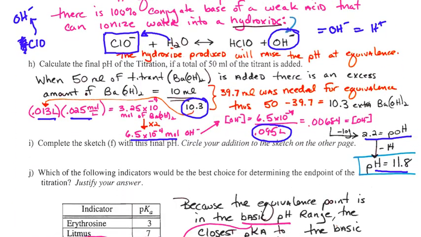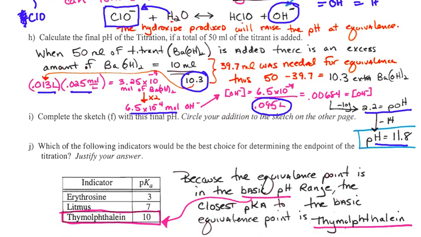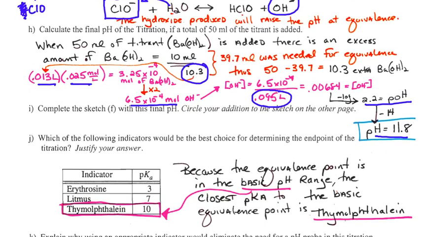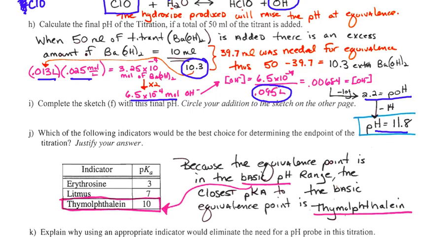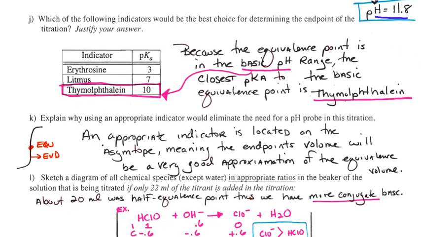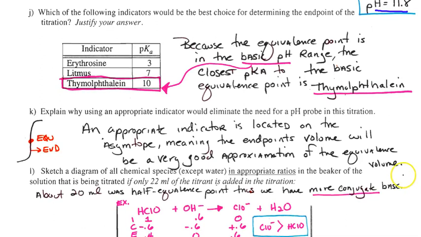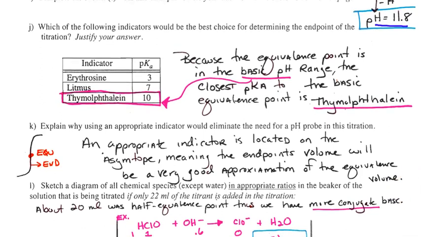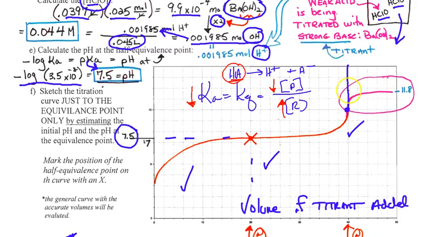All right, that was very much like what we did for our worksheet and or lab. So much of this, okay? Letter J, which of the following indicators is the best choice for determining the endpoint? Well, because, and this is important, because my halfway point was 7.5, and because we're going up, you really needed something above 7.5.